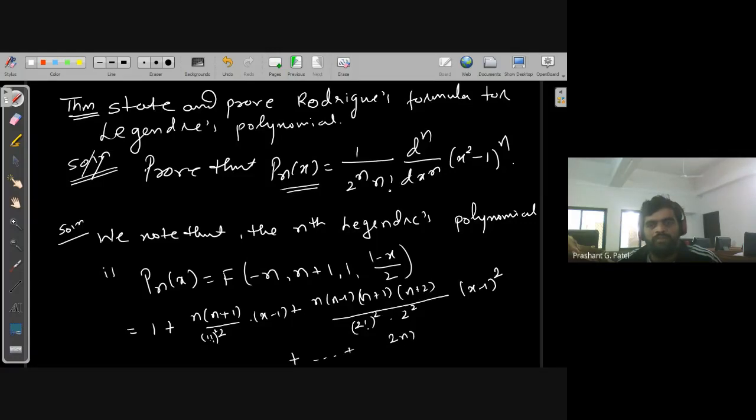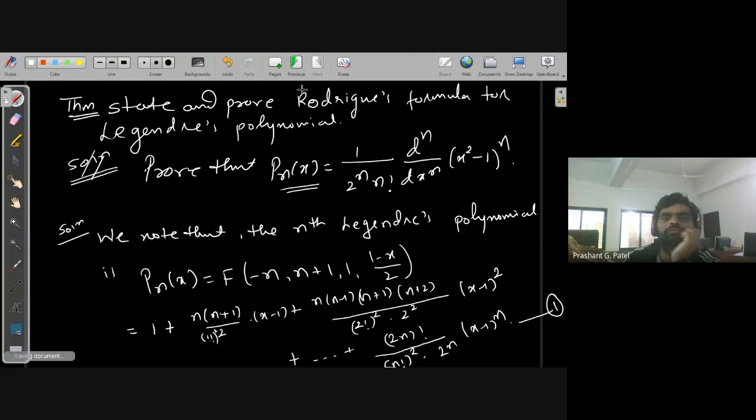The last term is 2n factorial upon n factorial square into 2 power n into (x minus 1) raised to n. I call this equation 1.